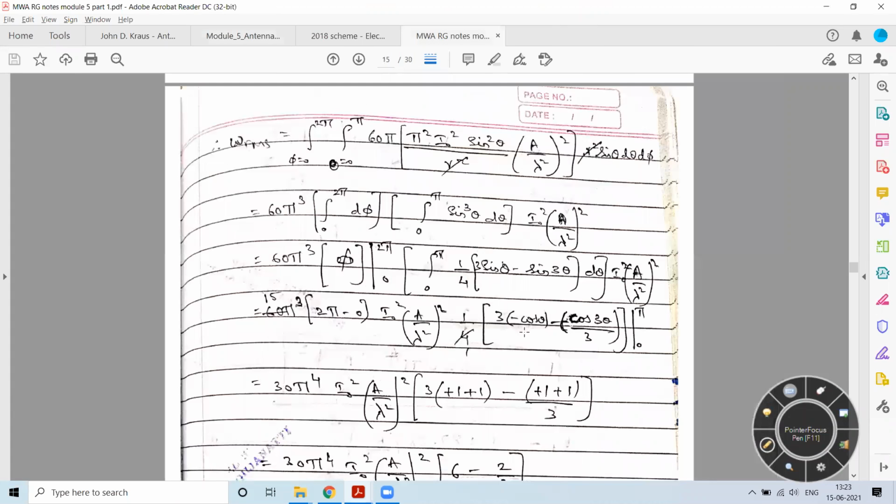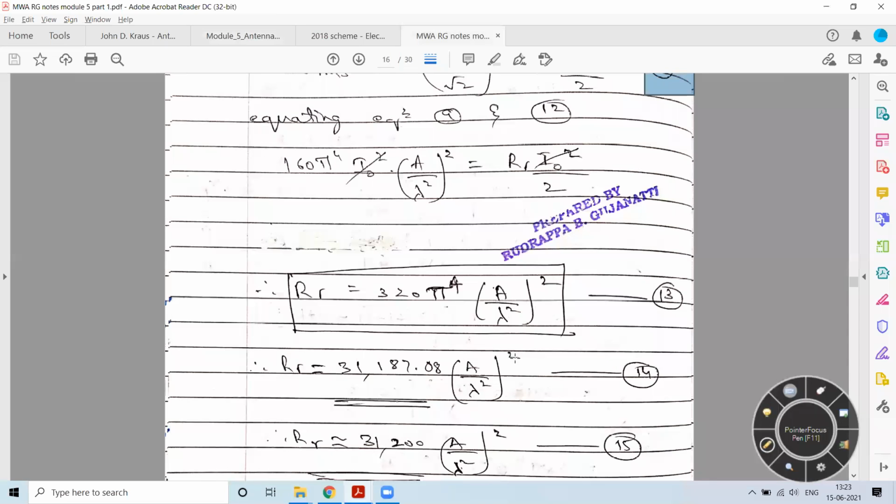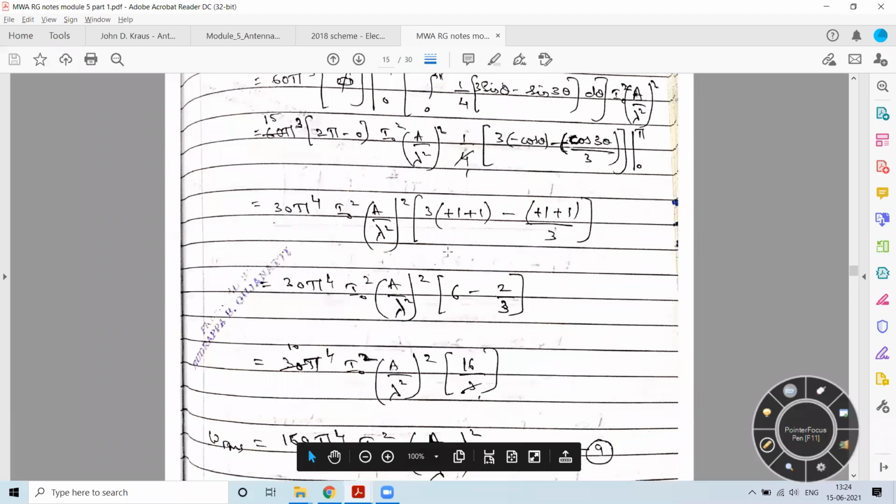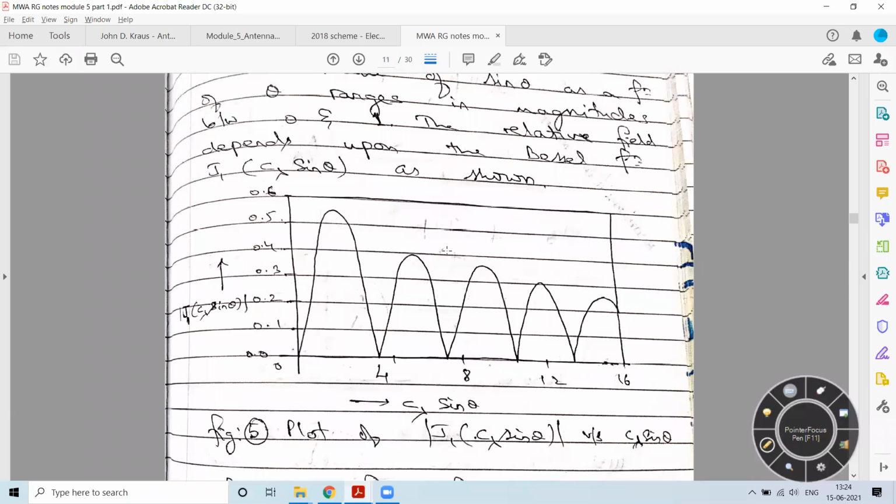In this one, we have just considered that the number of turns is equal to 1. If you increase the number of turns, the area also changes.